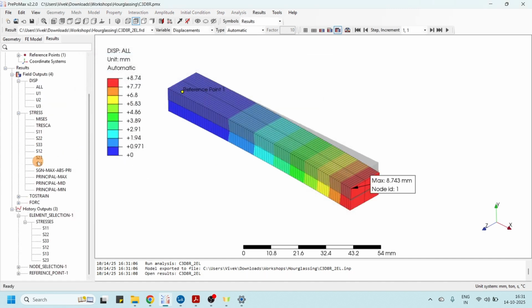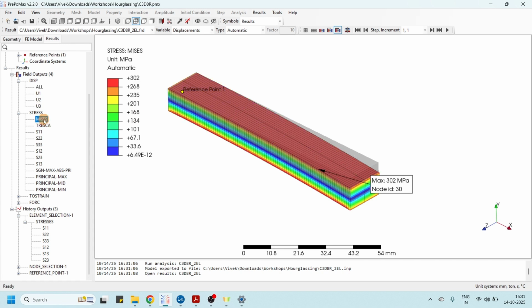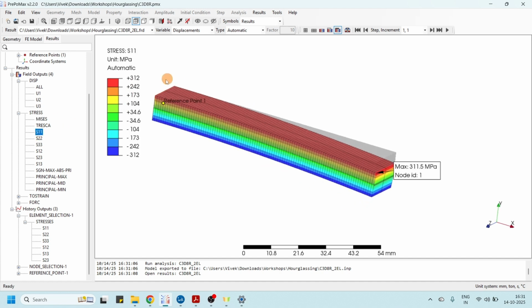Let's see the results. The displacement is okay, that is my boundary condition, the equivalent rotation I have applied. The stresses are now 300 megapascal. So from 0 it is 300. Let's see bending stresses, which are 312 and minus 312. These are nodal outputs. Let's see integration outputs.